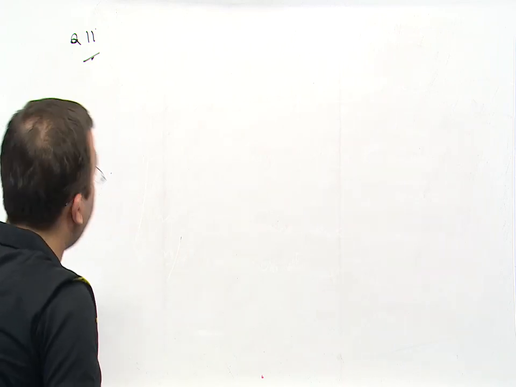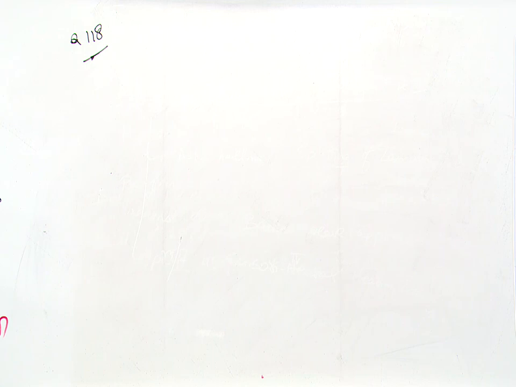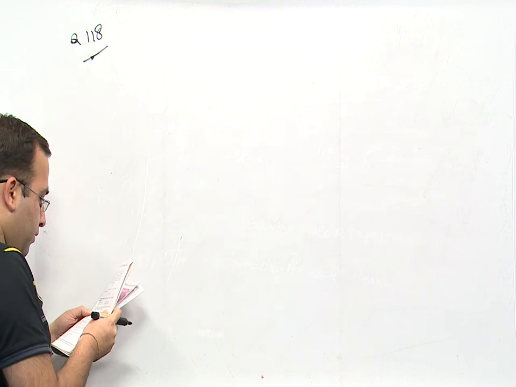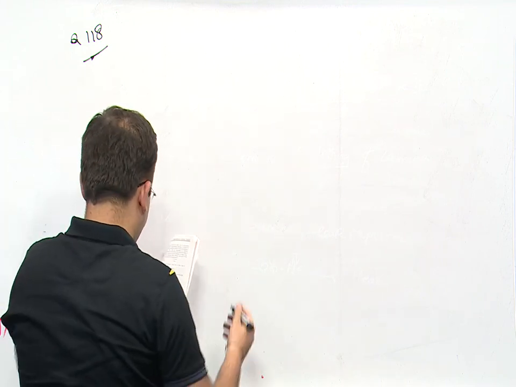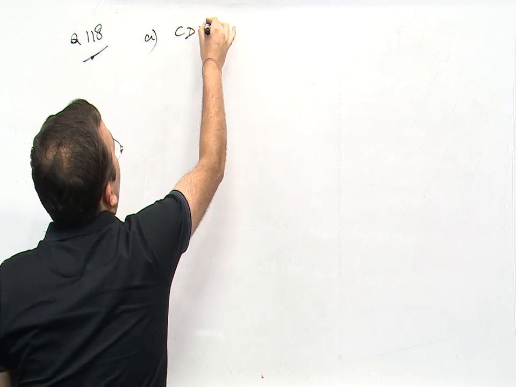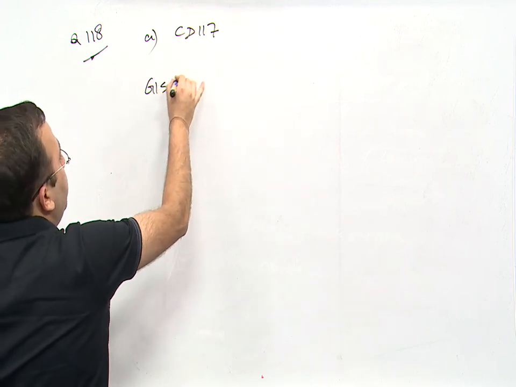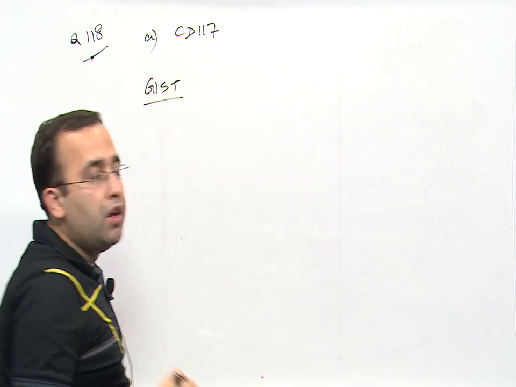Question 118. Which of the following is specific for GIST? Answer A, CD117. Now let us see a few points with GIST.